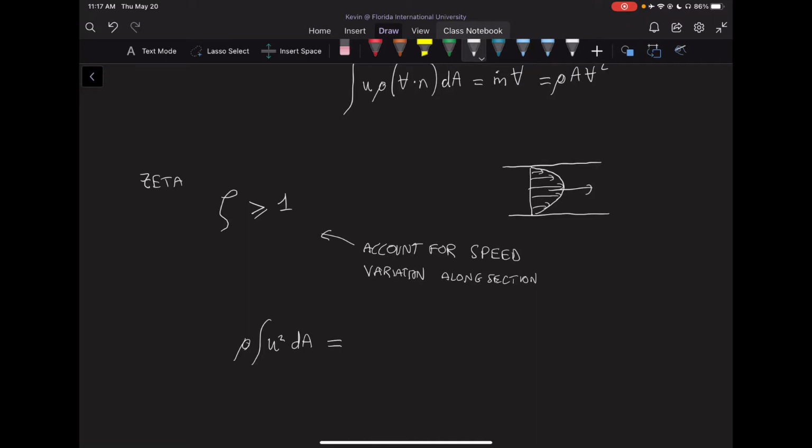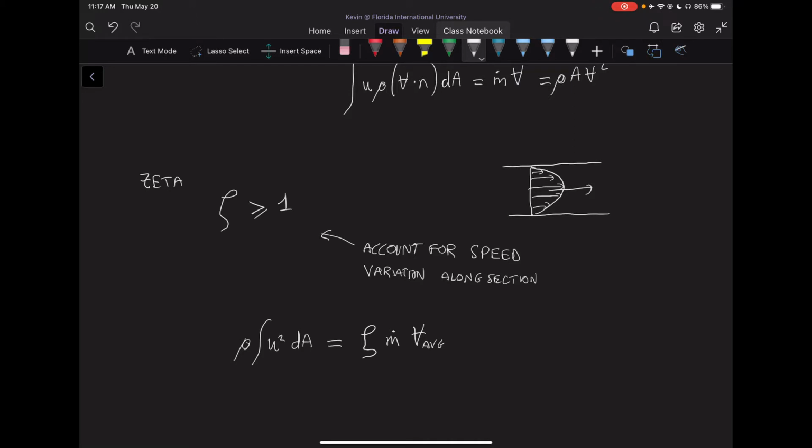And this would be equal to, now, instead of just m dot times v total, zeta times m dot times velocity average.